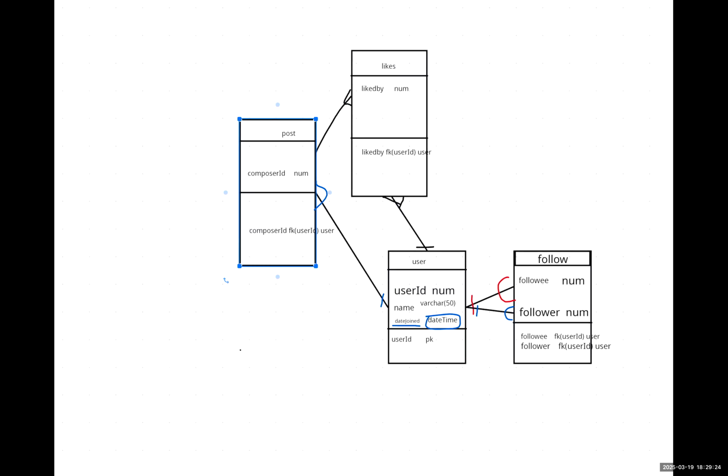Yeah, because we want to track which post the user is trying to like. Yes. And what is that constraint called? In this case it's a primary key. It is the primary key in here, that's right.